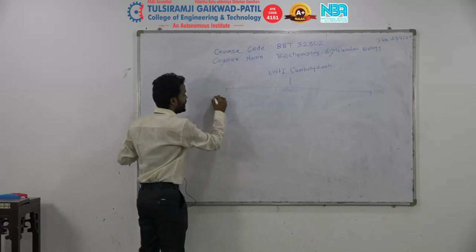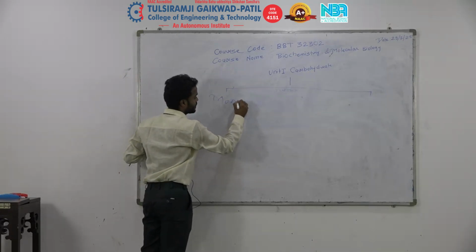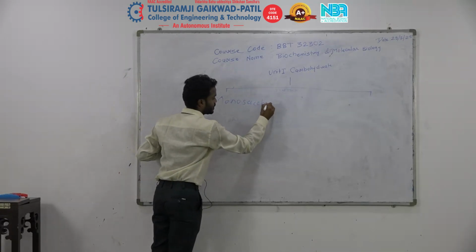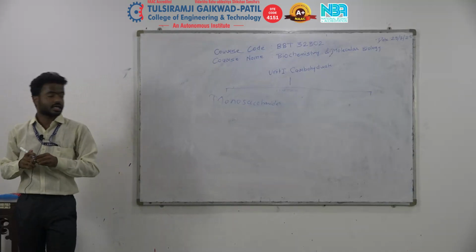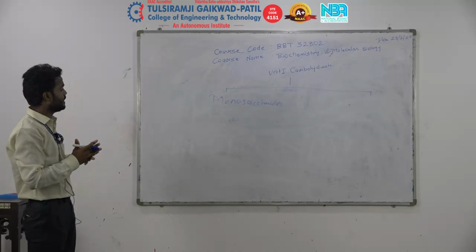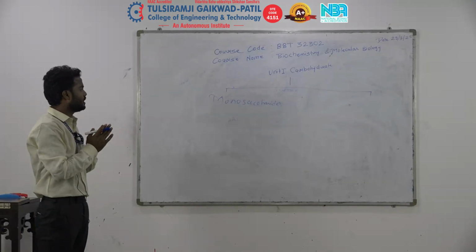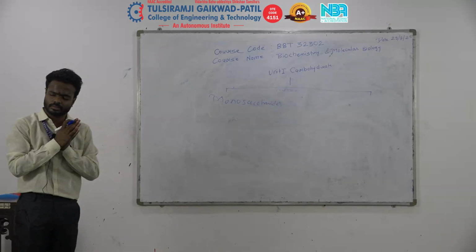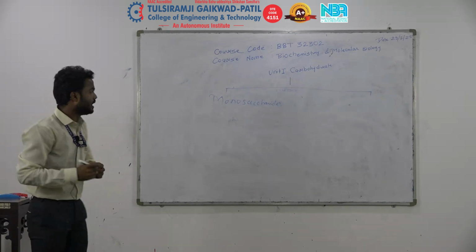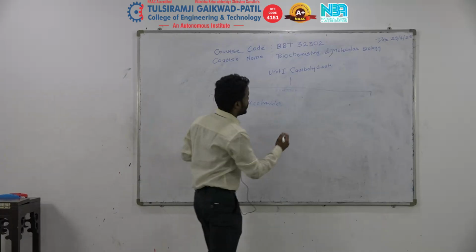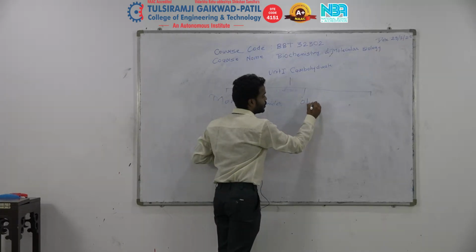First is the monosaccharide, which is a simple sugar, and its form depends on the number of carbon atoms present in it. Then oligosaccharides.